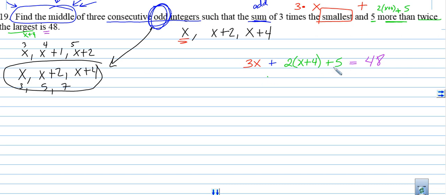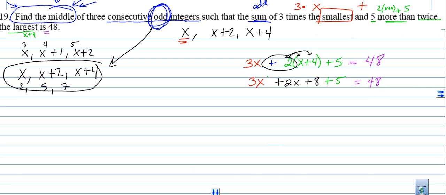Solve this equation. First you would distribute. You get positive 2x times positive 2x plus positive 8. Bring down everything else: 3x will come down, the plus 5 will come down, and then we'll still equal 48.